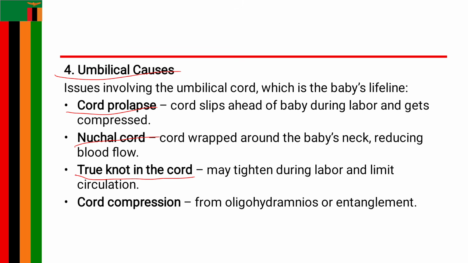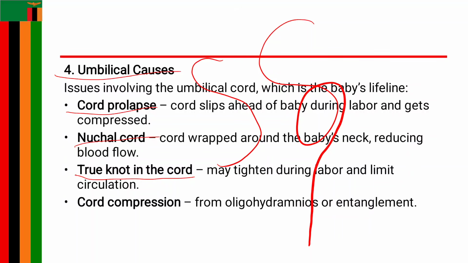True knots, these true knots may tighten during labor and limit circulation. True knots is where the knot makes a complete figure. Maybe because of the baby swimming, the knot makes a complete figure like that, and it will somehow look like an 8, with a string attached to the baby like that.